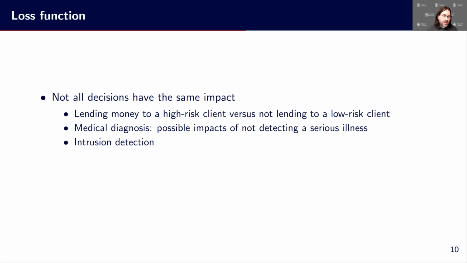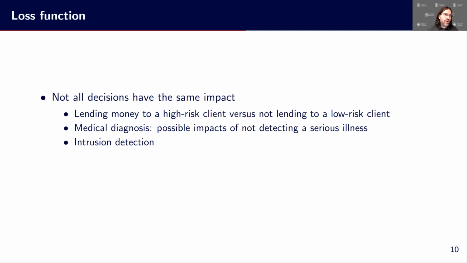Same kind of situation with medical diagnosis. Getting a false positive, so detecting illness in someone who does not have the illness, is not a good thing, it's a bad thing, but the impacts are likely to be much less than a false negative.